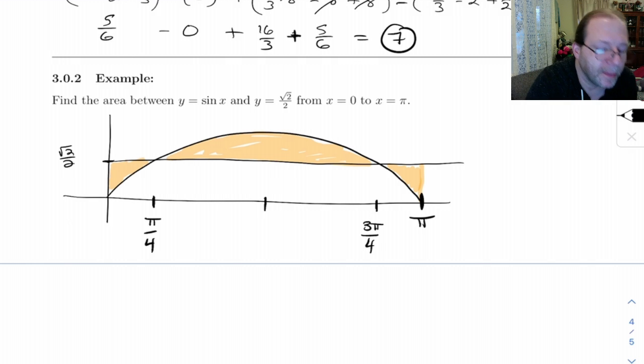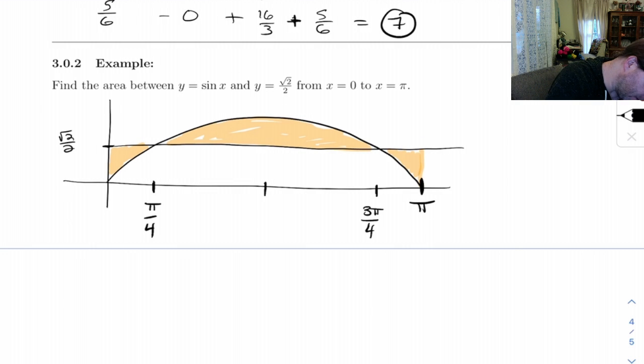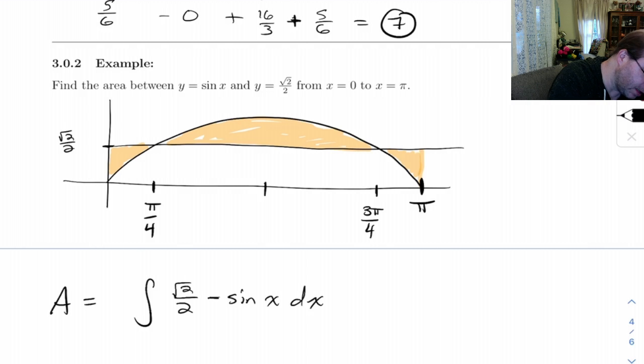All right, so my area is going to be the integral of root 2 over 2 minus sine. That's going to get me this first bit. Now the second bit, from pi over 4 to 3 pi over 4.